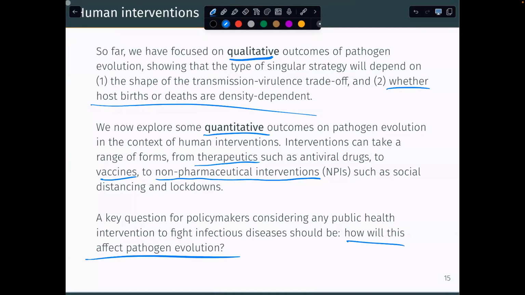Whereas every evolutionary biologist was saying, of course it's going to happen. If you build up immunity in a population, there's going to be selection for immune evasion. This is quite basic evolutionary biology and evolutionary epidemiology. So that kind of evolutionary thinking was clearly not evident in a lot of public health policy in terms of the people making those decisions.